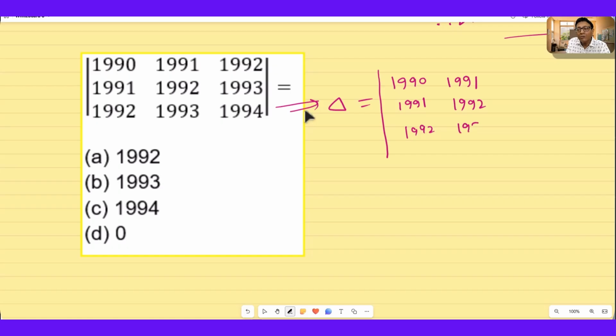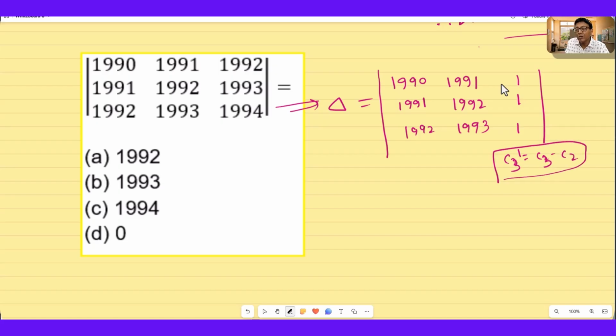You may be confused initially if I involve all the 3 columns. So what I'll do there, I'll be subtracting this from this. That is 1, 1, 1. What you did here? C3 dash equal to C3 minus C2.